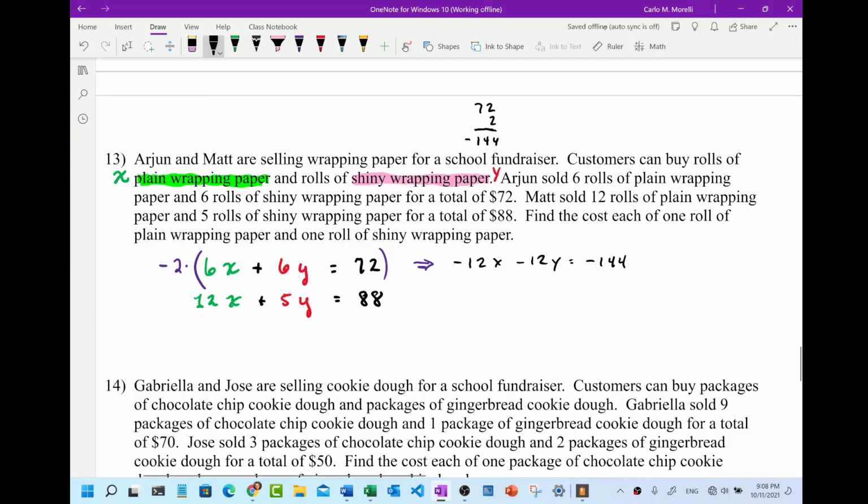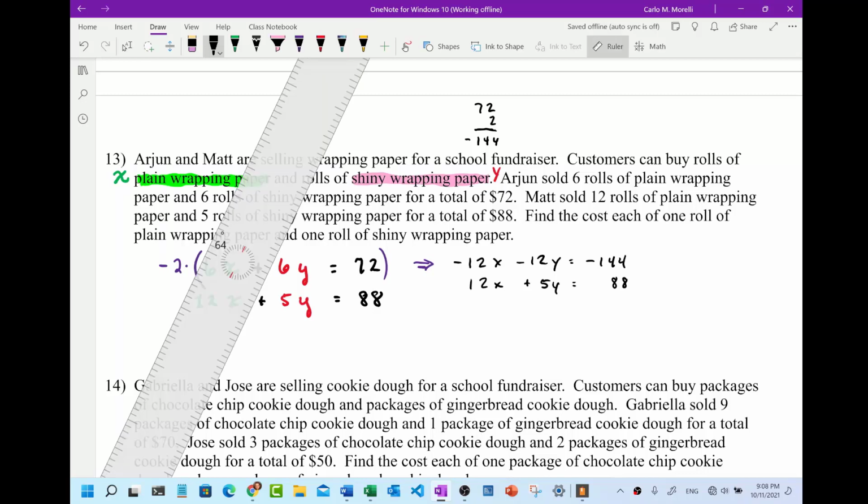And now you just put the other equation right underneath it. You have 12x. You see we're going to be able to add and get rid of the x. -12x, positive 12x goes away. And we got plus 5y equals 88. Alrighty.